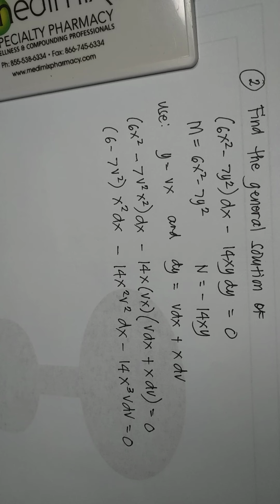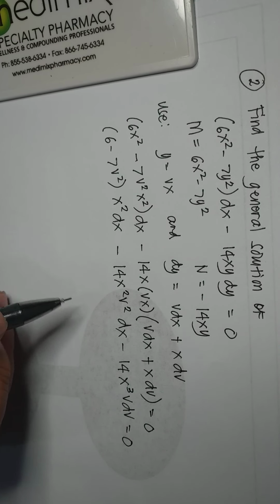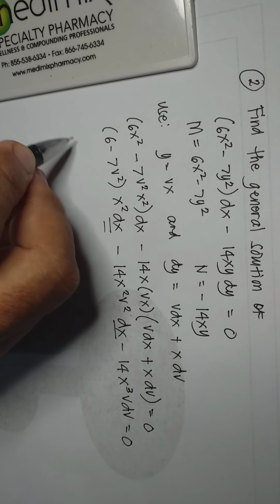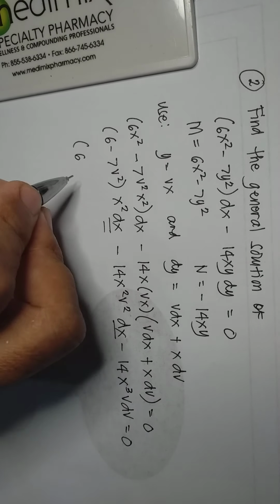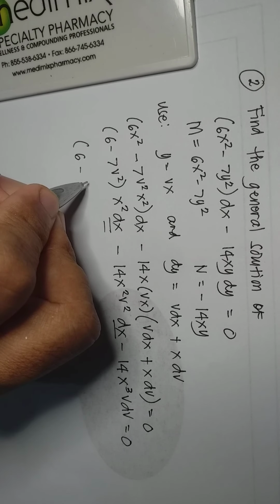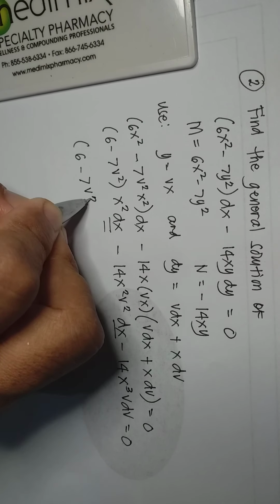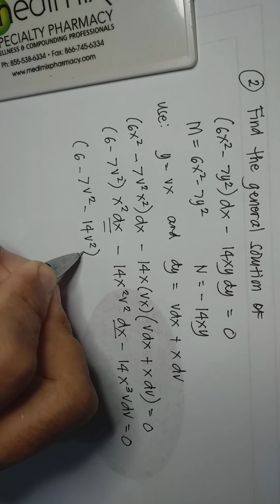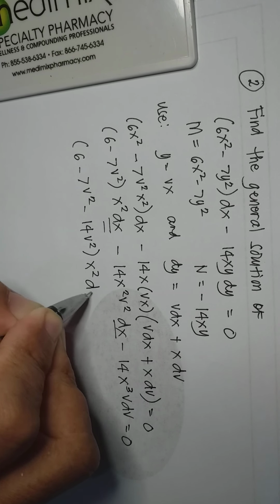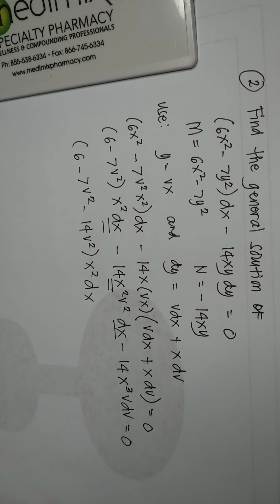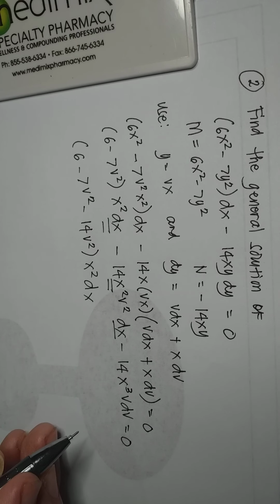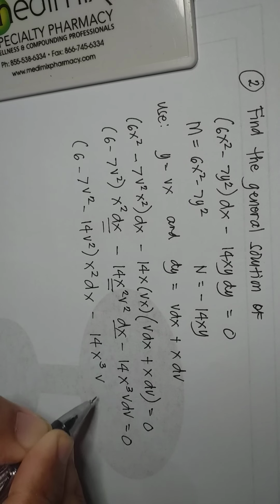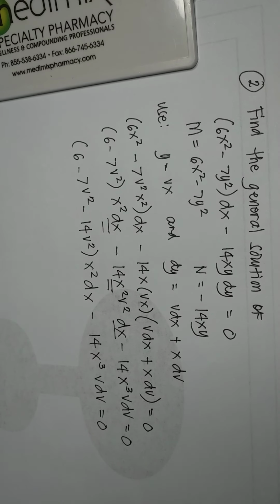Okay, next. Combining terms. In here we have the x squared, so we may combine these two terms. So we have (6 minus 7v squared minus 14v squared) x squared dx. Since it has x squared in here, we may also factor out x squared in the process. Minus 14 x cubed v dv is equal to 0.